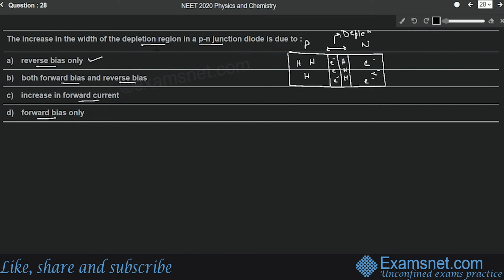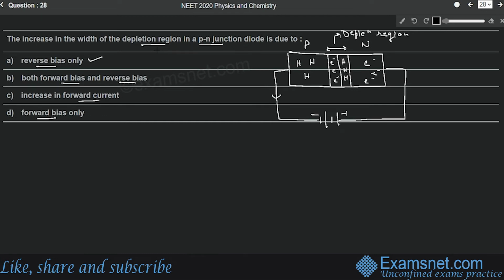Okay, or depletion region. Now, in case of reverse bias, the P side is connected to the negative terminal of the battery, right? Whereas the N side is connected to the positive terminal of the battery. So what will happen? This negative terminal will attract the majority carriers of P side, that means holes.